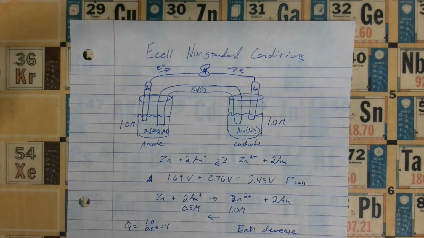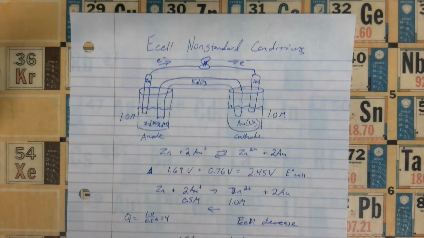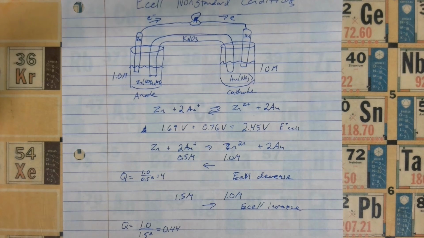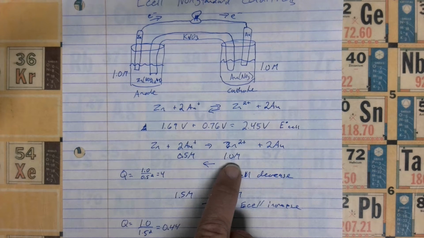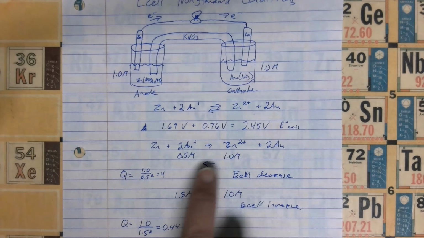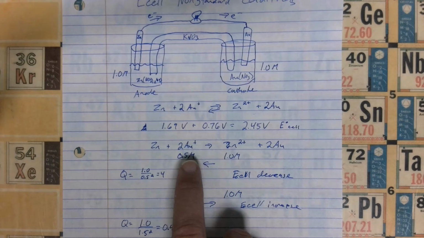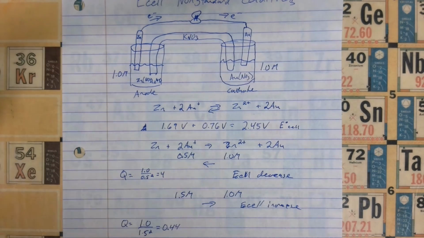But what happens if I change the concentration? So let's say I make the gold ions 0.5 and keep the zinc ions at 1.0. Some of you may be thinking that, well, we could just use Le Chatelier's principle and talk about how it shifts left to right.